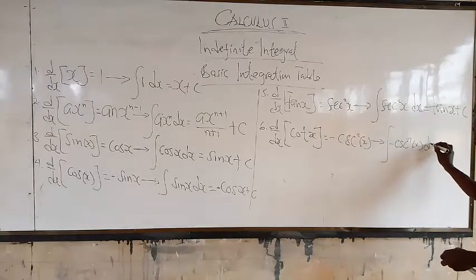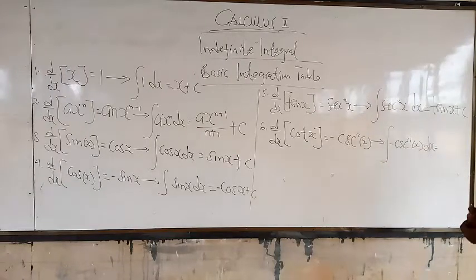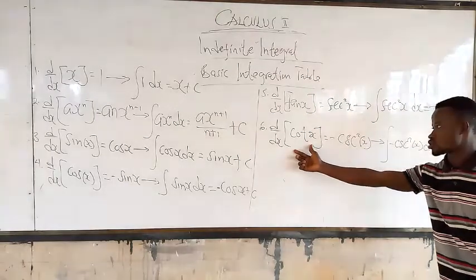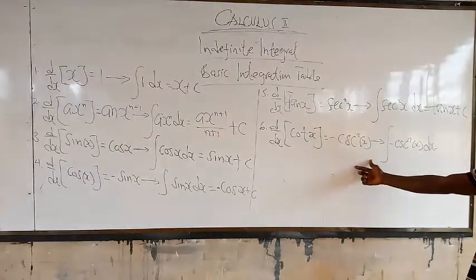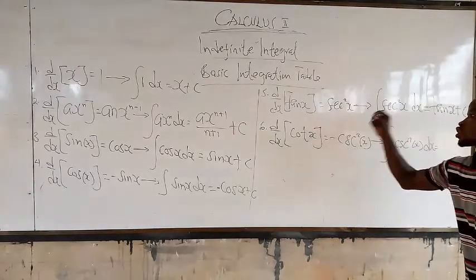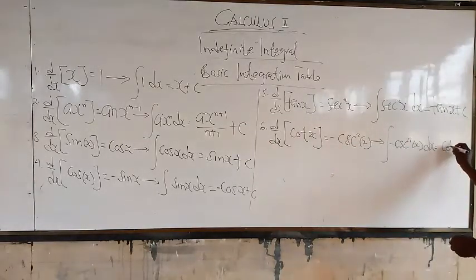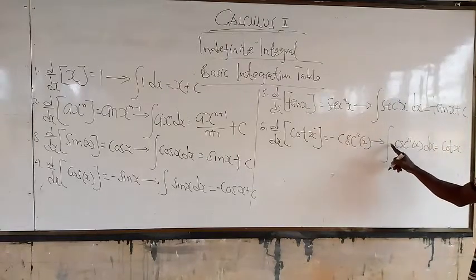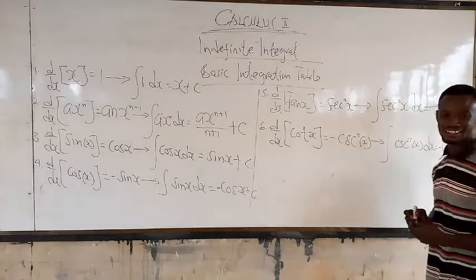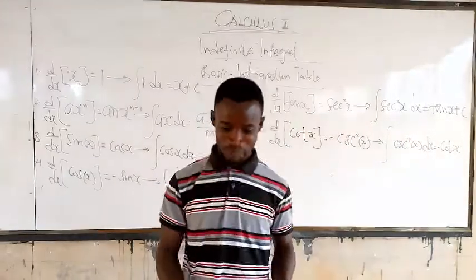So when you integrate negative cosec square x with respect to x, you get cot x. But since this will not work properly for us, let's negate both sides. So you get negative cot x. Alright. What is left?